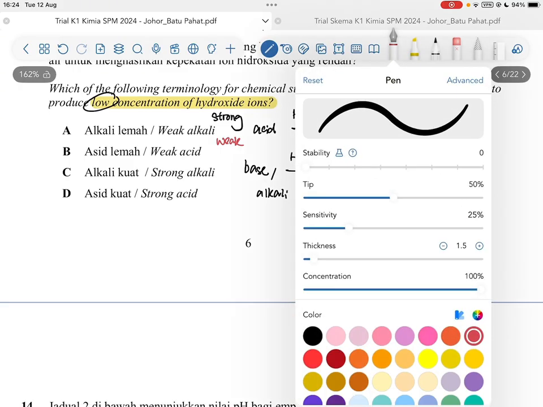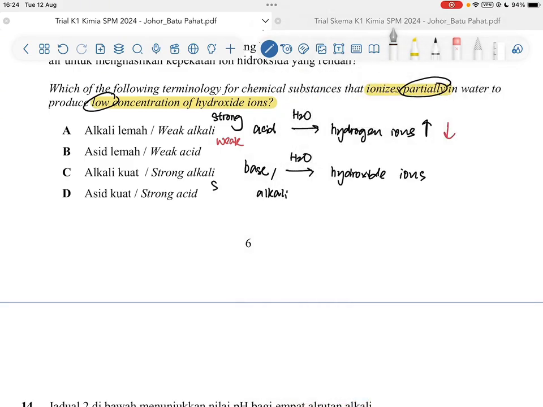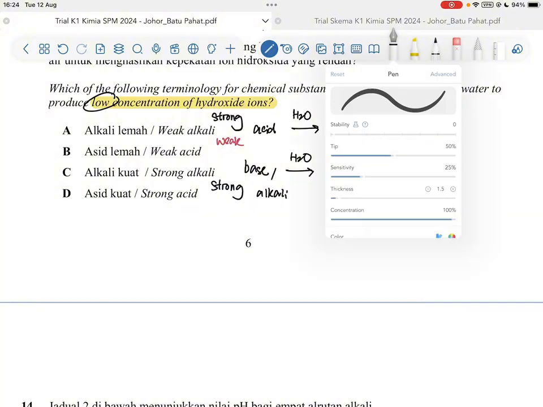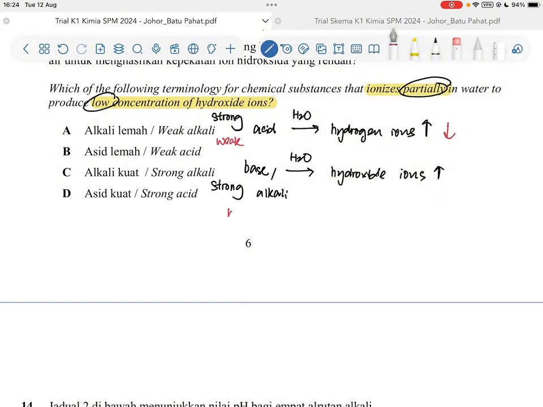For the strong base, it is also the same. A strong base will produce high concentrations of hydroxide ion, while a weak alkali or weak base will produce lower concentrations of hydroxide ions. So in this case, the answer would be weak alkali, which is A.